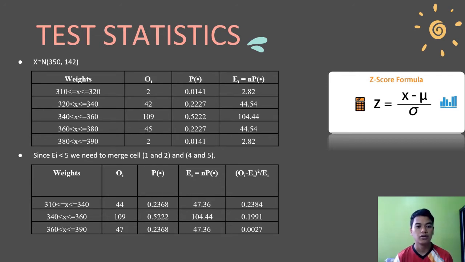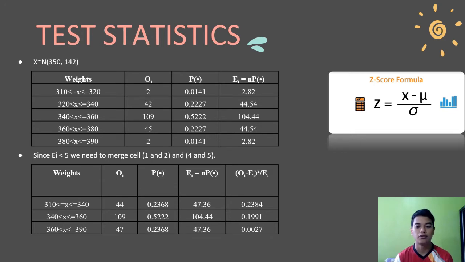So from the OI we get, we must convert that to probability values. So we must use the z-score formula above the image. So z is equal to x, which is the weight, minus the mean, which is 350, and we divide by 14 for the standard deviation.